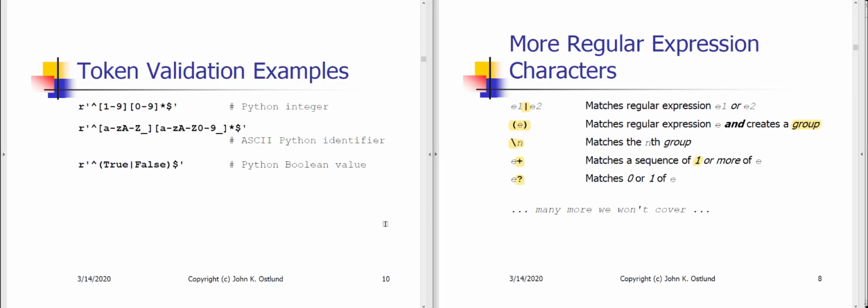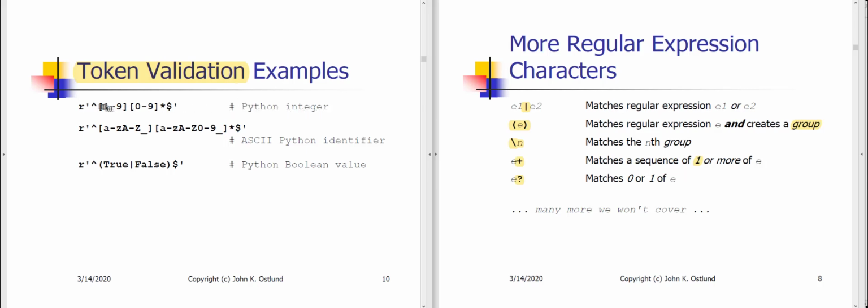And to illustrate, one thing that regular expressions are often used for, in fact, this is one of the things that they were originally introduced into computer science for, is to recognize valid tokens in programming languages. Recognizing what is a valid identifier, what is a valid integer, what is a valid string, what is a valid floating point number, and so forth. Well, what is a valid integer in Python?